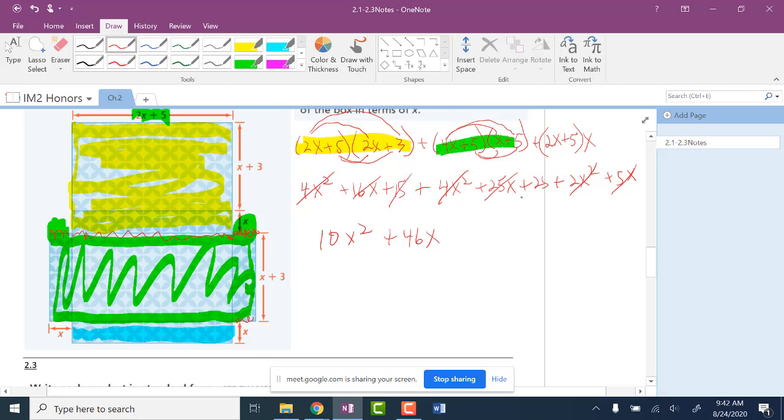Yes, did I do something? What happened? On the green area, isn't it supposed to be 4x plus 5 times x plus 3? Oh, I'm a maroon. Unbelievable. Thank you. Who said that? Yep. Diego. Thanks, Chief. All right, so we got to make some adjustments. Nice. Okay, 4x squared.